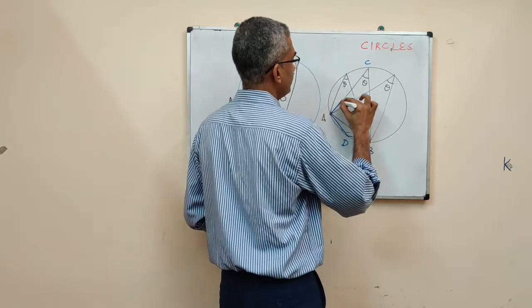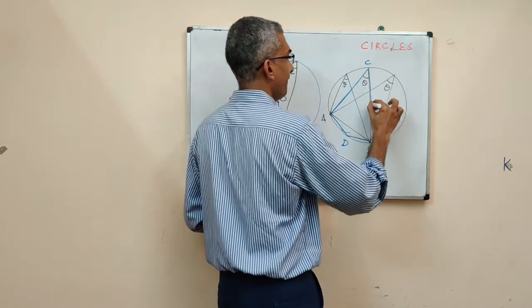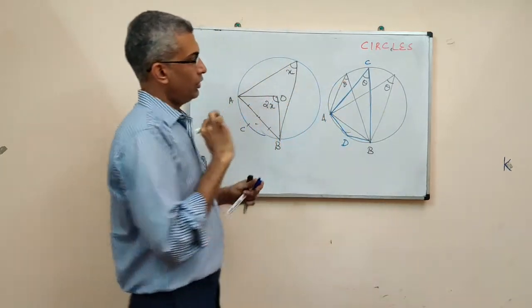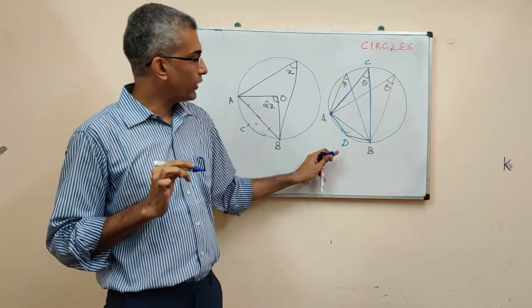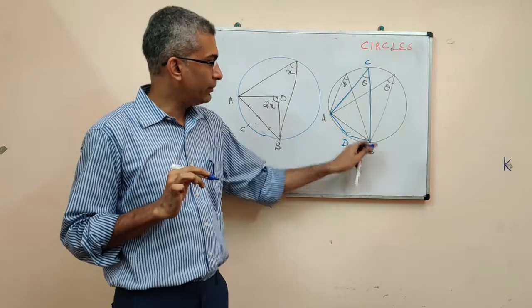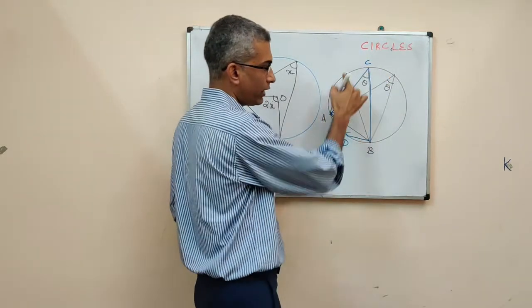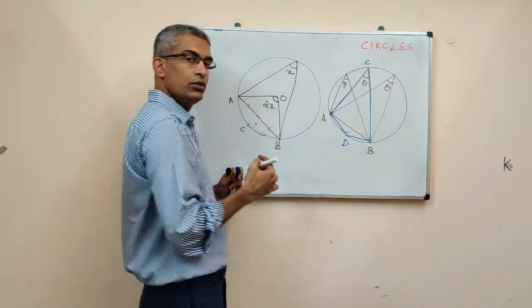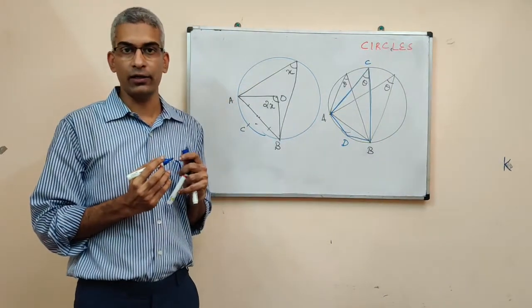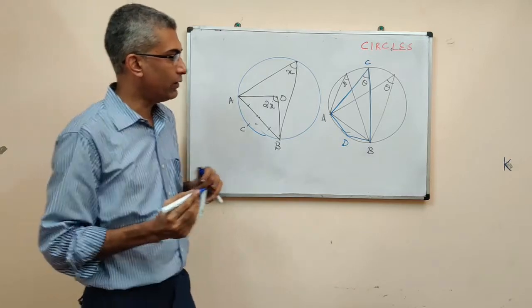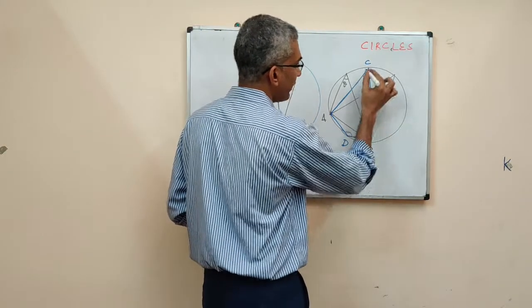Now look at this. Look at the quadrilateral ACBD. All the 4 points of this quadrilateral are touching the circle. This is called a cyclic quadrilateral. In a cyclic quadrilateral, the sum of the opposite angles will be 180.